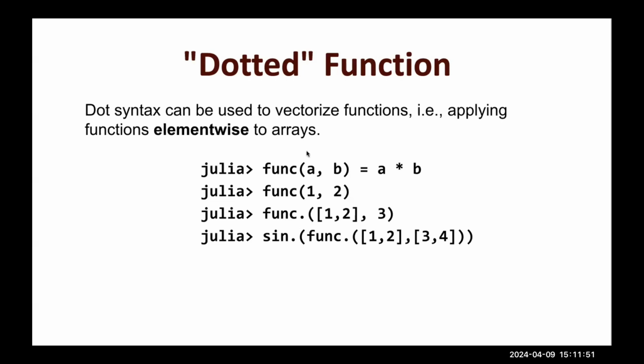So in this example, I define my function to be a times b, right? Now given two numbers, 1 and 2, the answer is simply 1 times 2, which is 2. Now, given this dot operation, my a will be a vector, and b is a scalar. Even though the dimensions don't match, a scalar multiplying a vector has its built-in meaning.